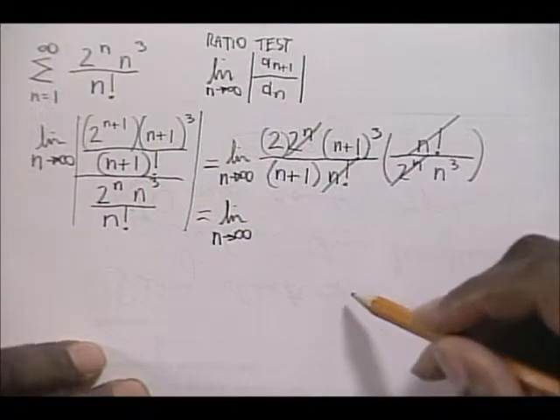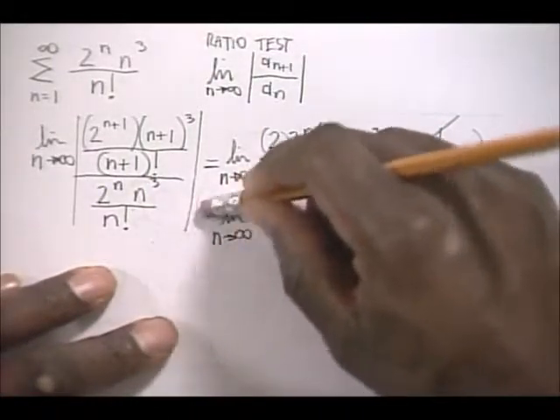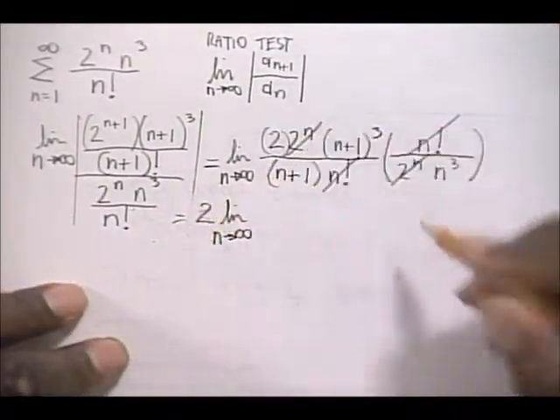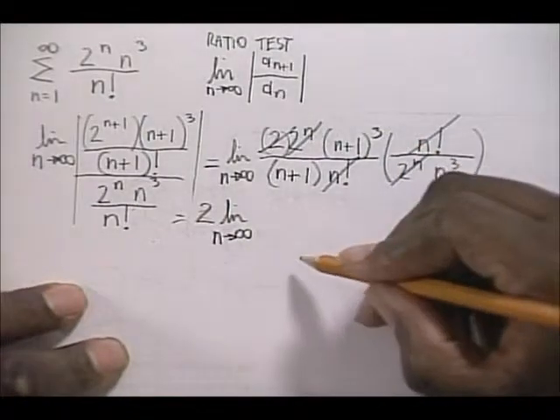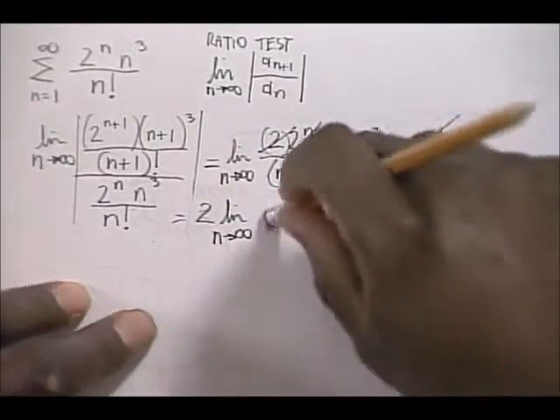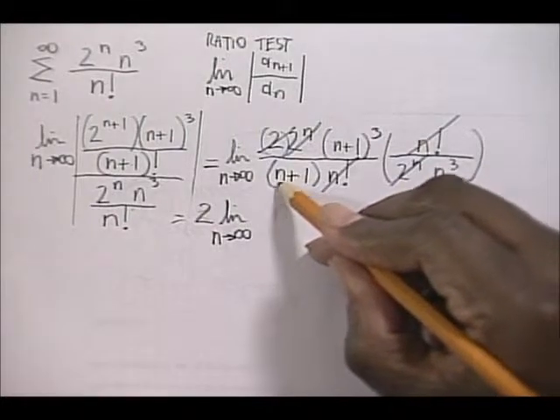All right, so let's pull out the 2. You can pull out all constants with a limit. So you pull out this 2, and now what you end up with is n. Oh, actually, there's more cancellation. I didn't even notice that. I'm sorry. You've got cancellation here.